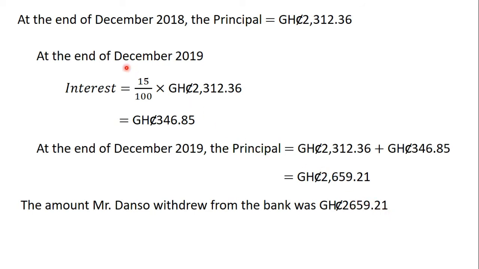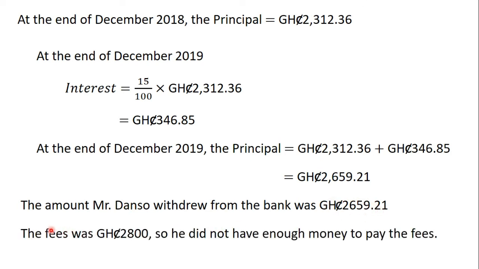Remember, the question said he withdrew all the money at the end of December 2019. And we have seen that at the end of December 2019, the amount of money in his account was 2,659 Ghana cedis, 21 pesewas. It means that he went to the bank and he withdrew this money from his account.